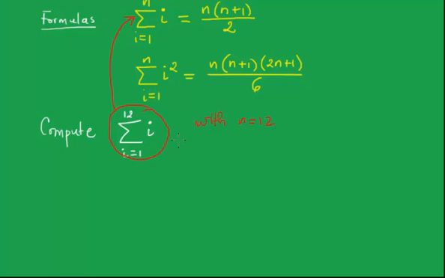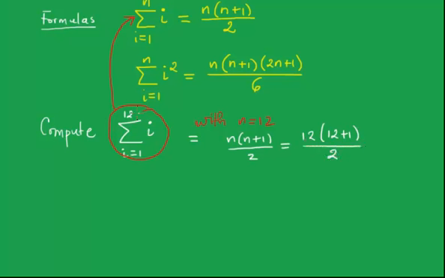So I'm just going to write beneath it, this would be equal to n times n plus 1 divided by 2. But I know what n is. What's n? n is 12. So it's going to be equal to 12 times 12 plus 1 divided by 2.